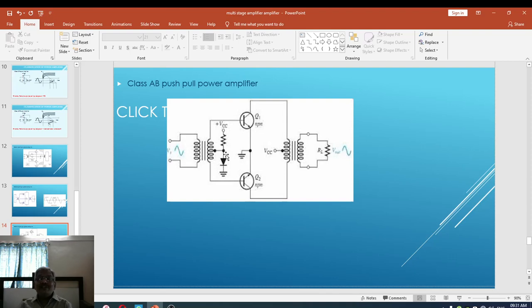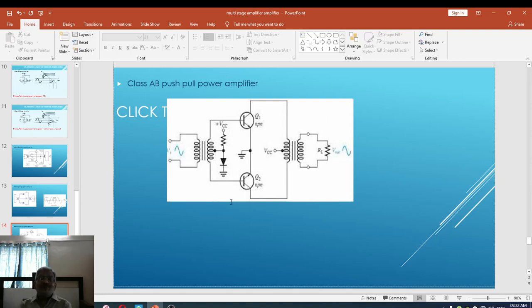Due to this, current flows for less than the positive half of the AC input cycle, as we have studied in the classification. And due to this arrangement, the crossover distortion which is present in the class B power amplifier is overcome. Otherwise, this circuit diagram is the same as that of the class A as well as class B power amplifier.